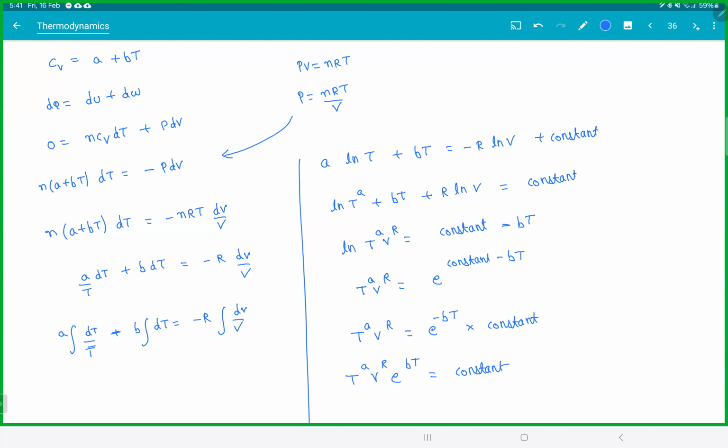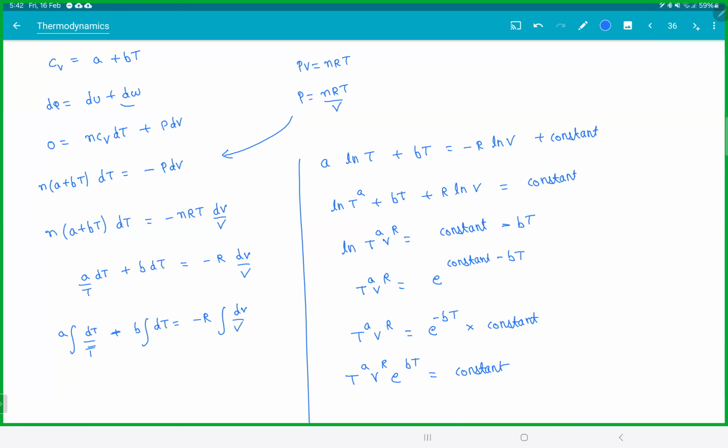Clear? Next one. Why will you consider pressure as constant? Is it an isobaric process? Then won't work be P2 V2 minus P1 V1? Where do you get that from? So for an adiabatic process, the work is P2 V2 minus P1 V1 by 1 minus gamma.